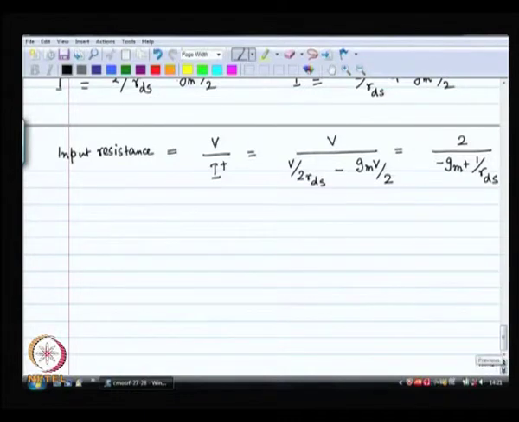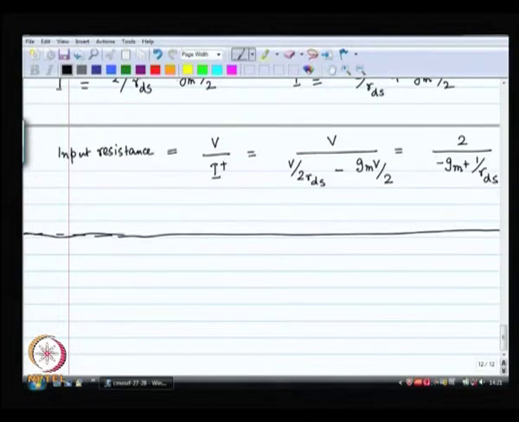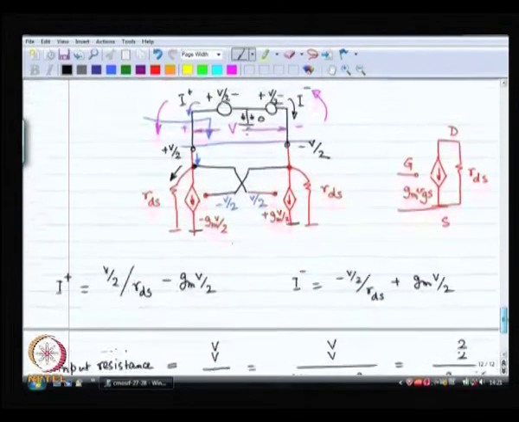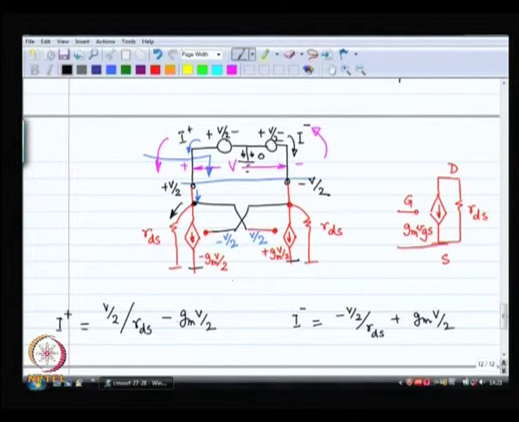Now, when does this work though? There is just one catch over here. The catch is that you have applied a plus V by 2 on one side and minus V by 2 on the other side. Only then it is working like a negative resistor.